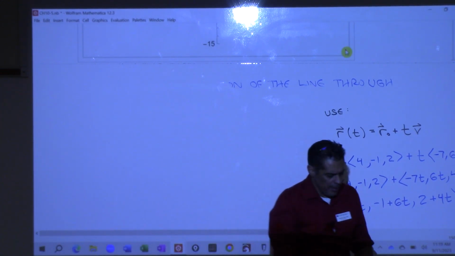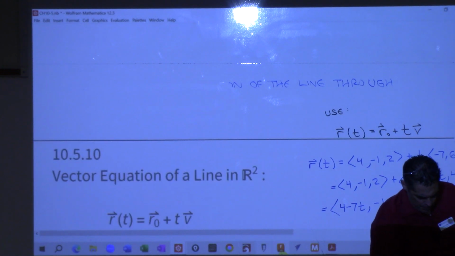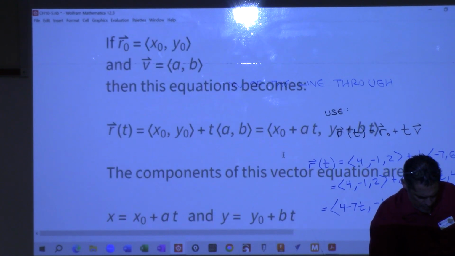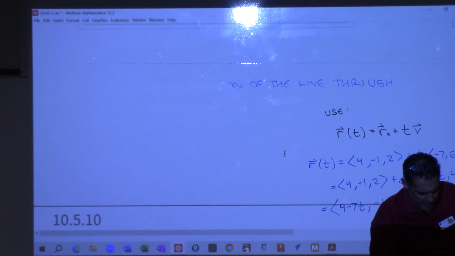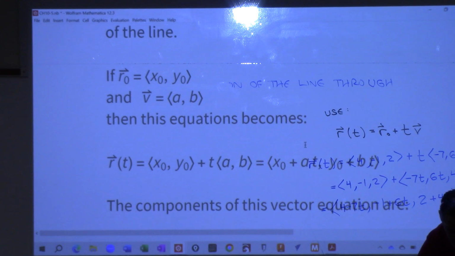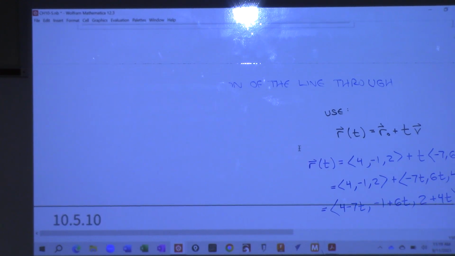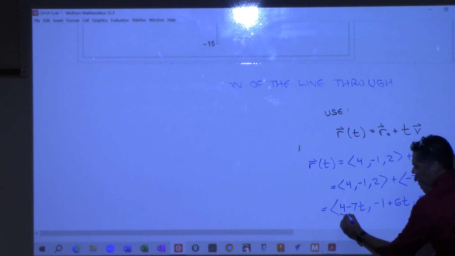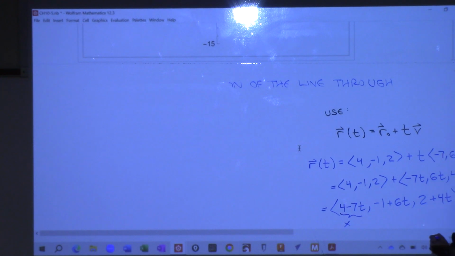All right. So the next note here: when you find the vector equation of a line like we've done right here, this really represents the x, this is the y, and this is the z, right?